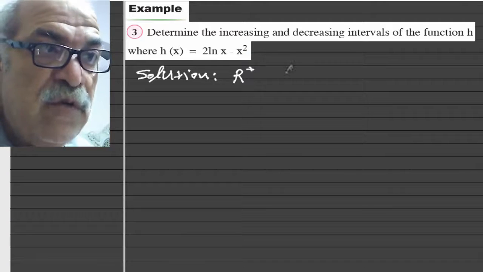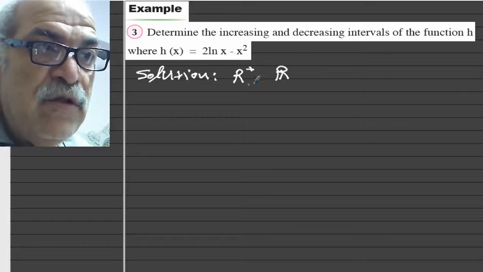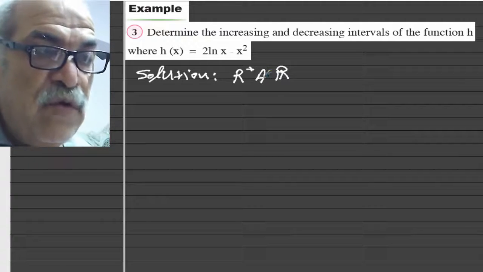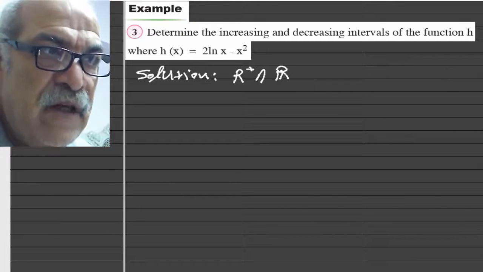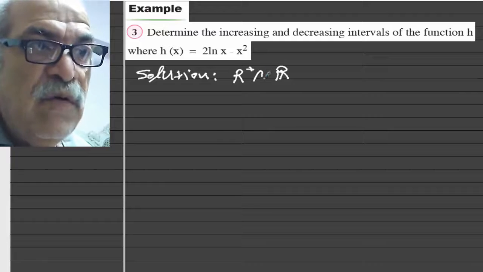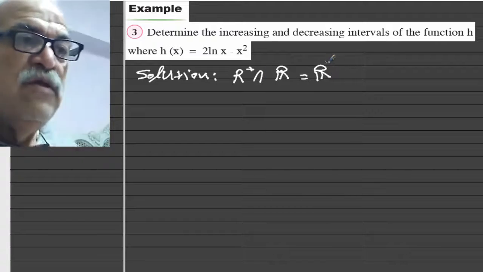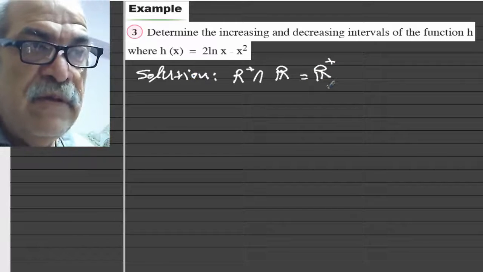The domain of x squared is R. Okay, so the intersection of these two sets equals R positive. So the domain of h of x is R positive.